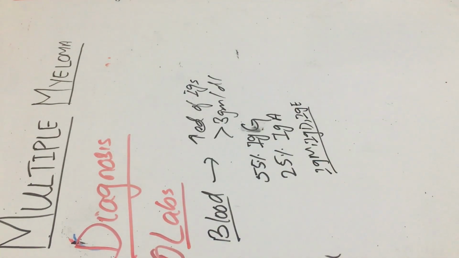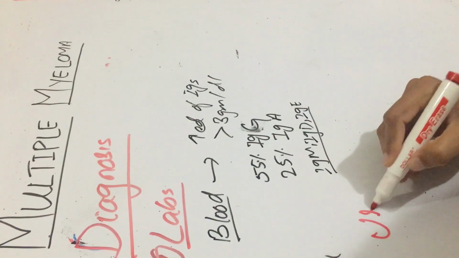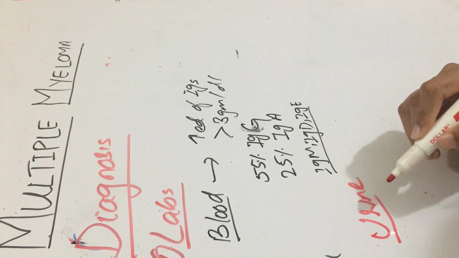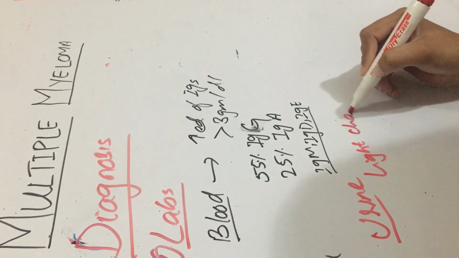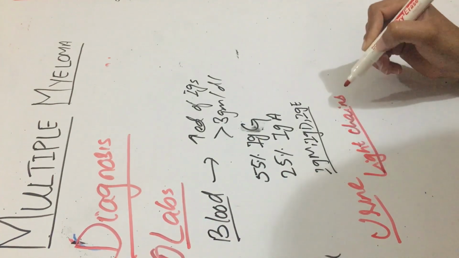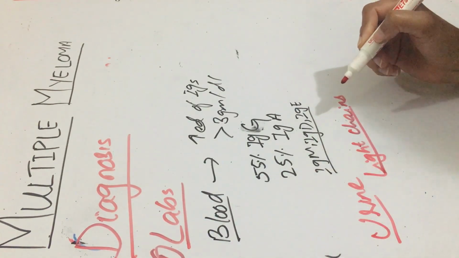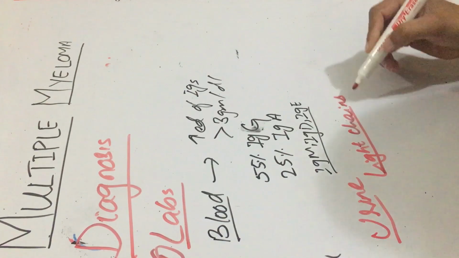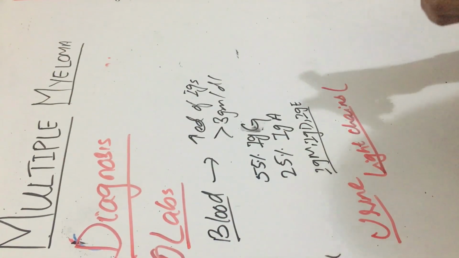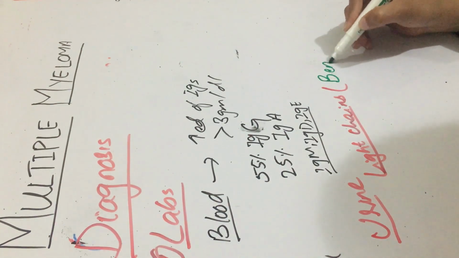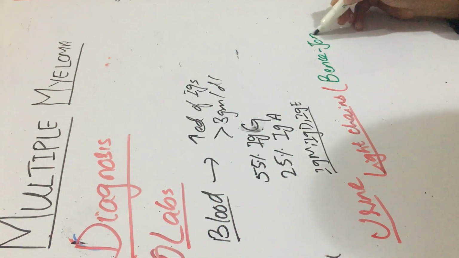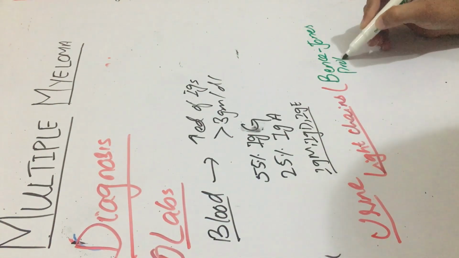While in urine, the light chains are present. The light chains are excreted in urine. So on urine electrophoresis, the light chains are recovered, and these light chains are known as Bence-Jones proteins.